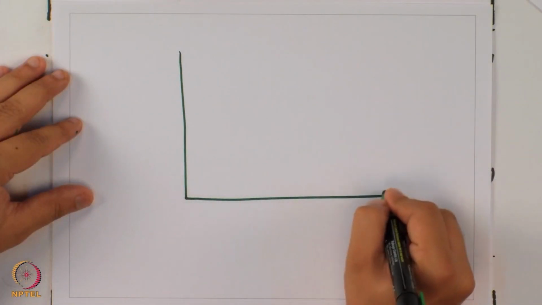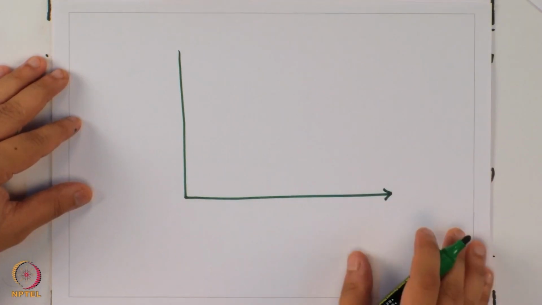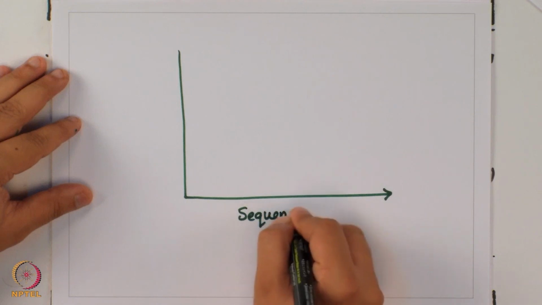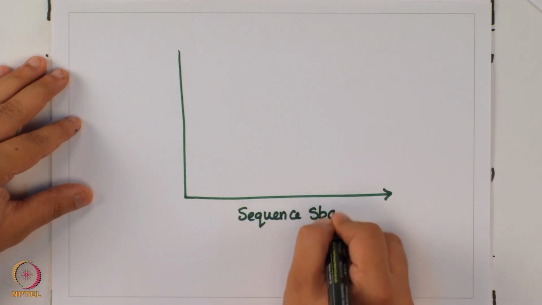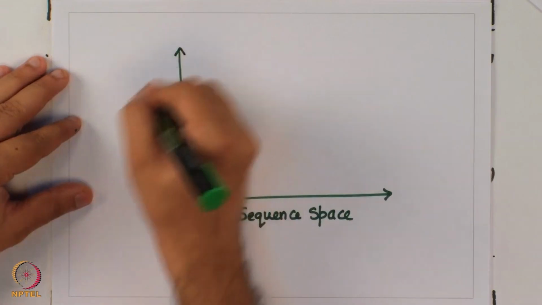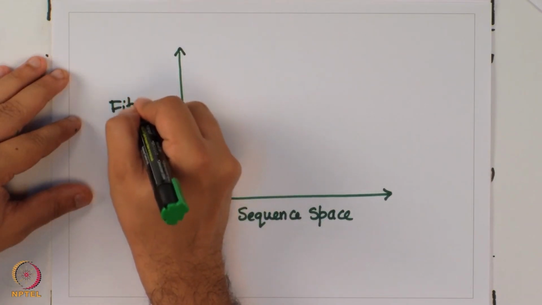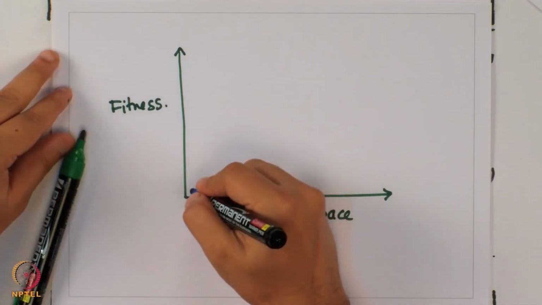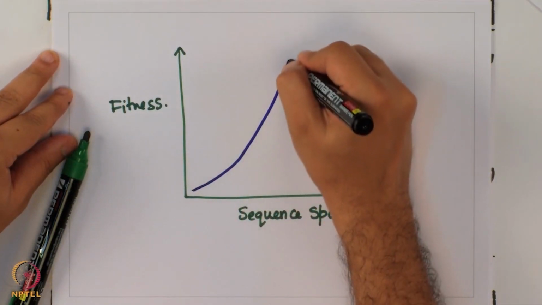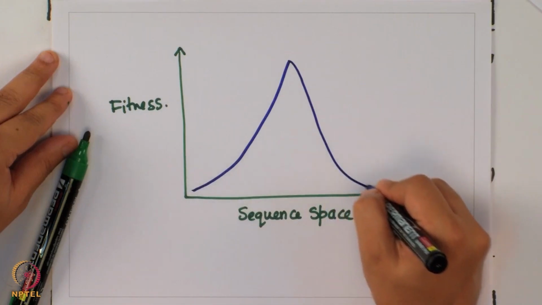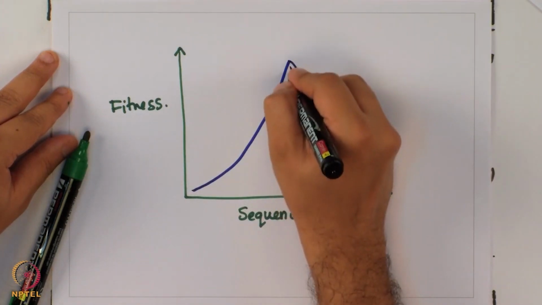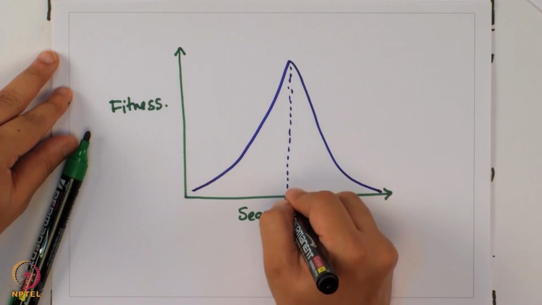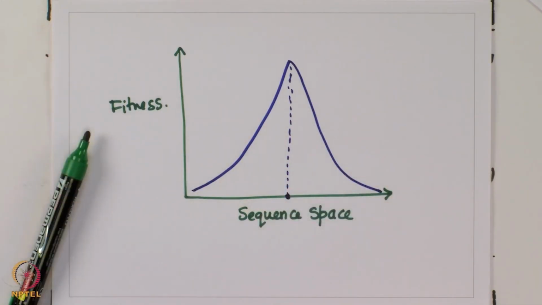So again, in this highly simplified one-dimensional sequence space, if the y-axis is the fitness and I have a single peaked fitness landscape, this is the sequence which corresponds to the maximum fitness on this landscape.